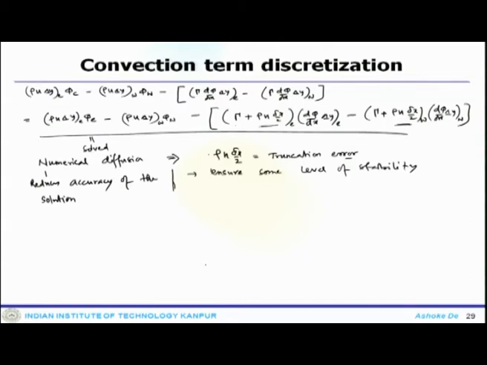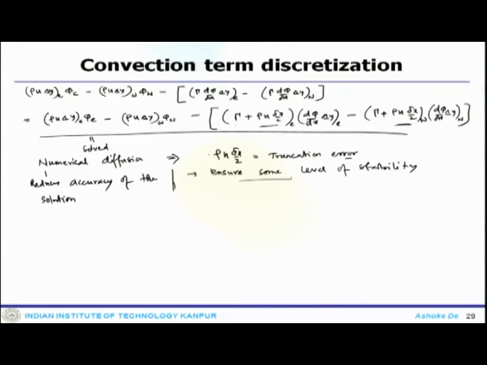It makes the system quite stable because of this diffusion, and makes sure that the solution remains bounded and physical.